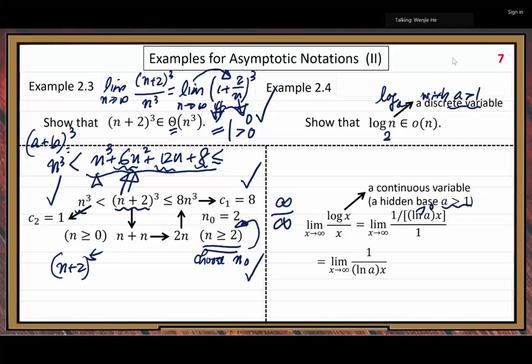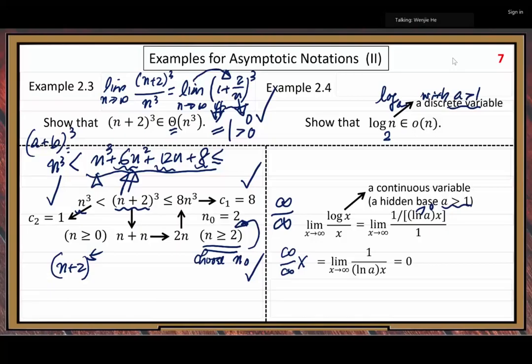But here, this is not infinity over infinity indeterminate form, because the numerator is a fixed constant number 1. It is determinate, right? The denominator goes to infinity. So 1 over infinity. You get the answer immediately. That's 0.